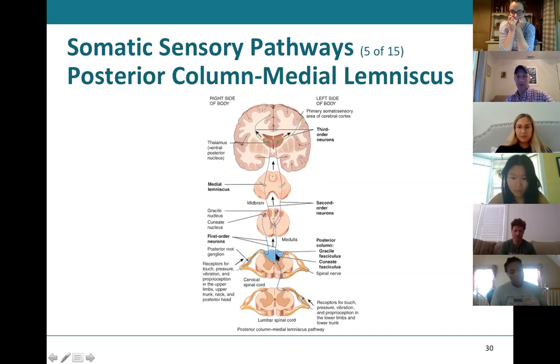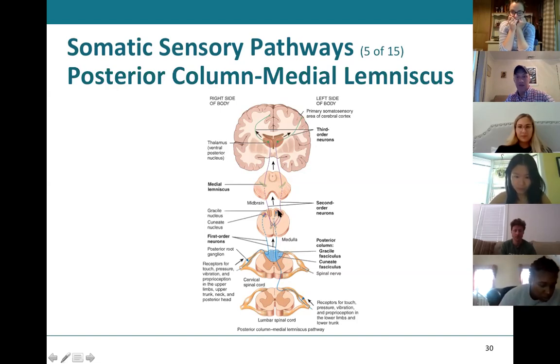Can't be sloppy here. You're going to travel into the gracile fasciculus. So you are literally ascending as a first order neuron through the gracile fasciculus until such time as you synapse in the medulla. You will decussate at, if I'm following this line properly, make sure we're going here to the gracile nucleus.